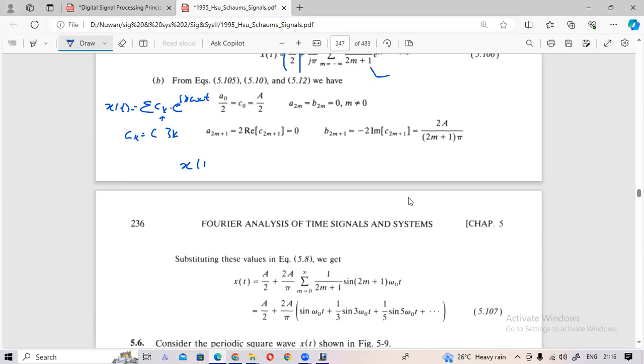Now you can write this x(t) as a sum of complex exponential terms using this. So you can write C₋₂ e to the power j(−2)ω₀t plus C₋₁ e to the power j(−1)ω₀t plus C₀ e to the power j0ω₀t.